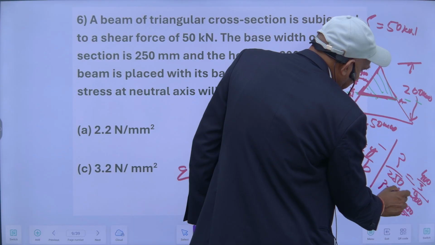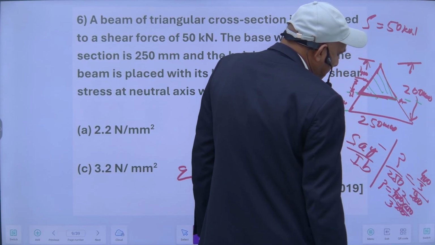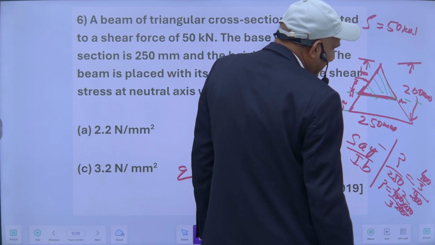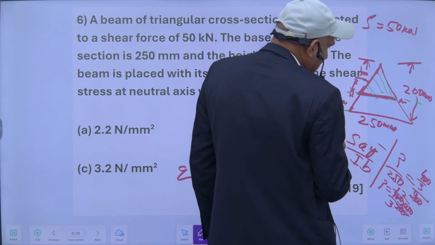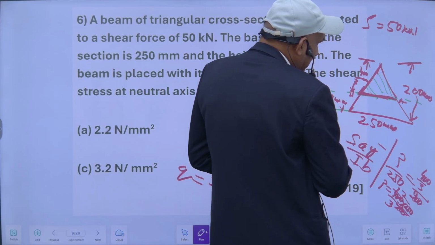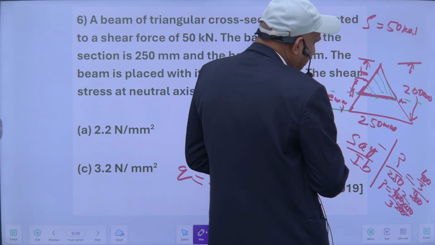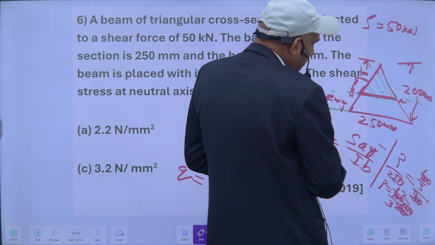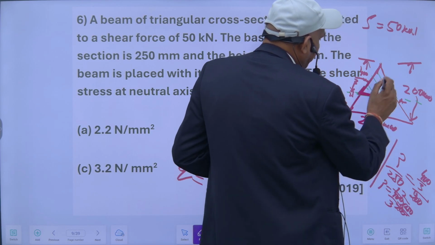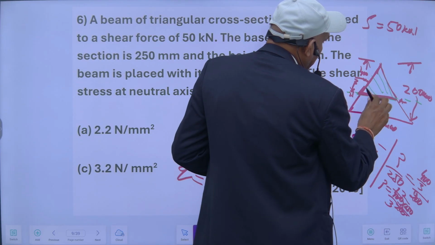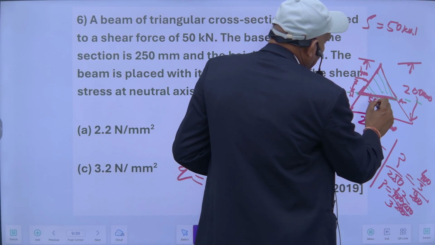So it will be 500 by 3 mm from here to here.